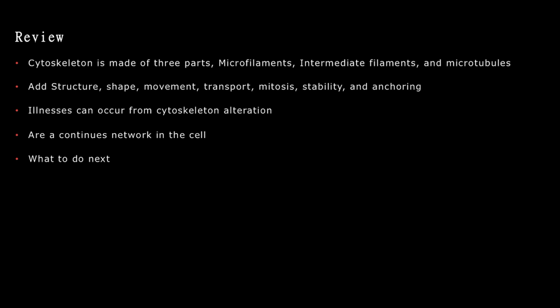A review: the cytoskeleton is made of three parts: microfilaments, intermediate filaments, and microtubules. Their purposes: they add structure, shape, movement, transport, and help in mitosis, meiosis, and cytokinesis. They help with stability and anchoring of organelles and vesicles.